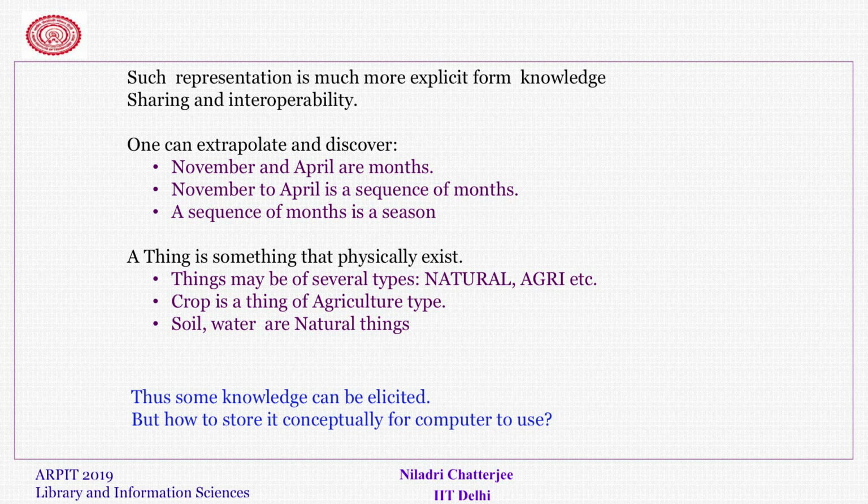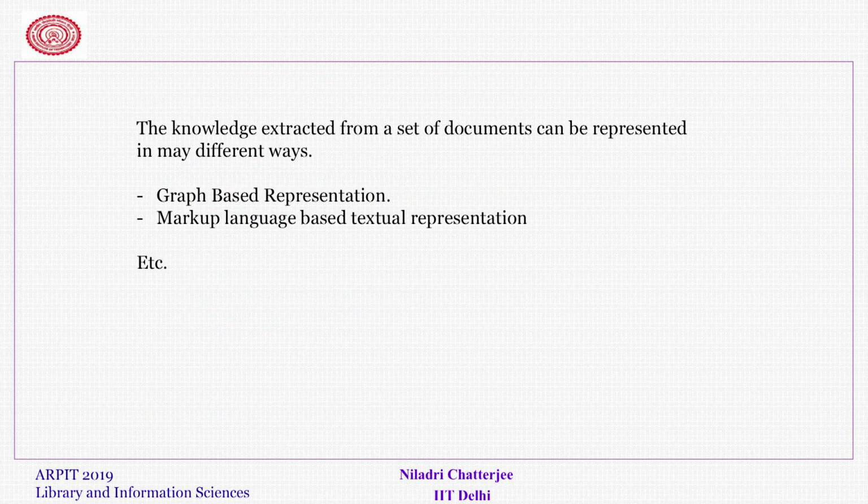Now, the question is how to store this knowledge conceptually, in what I was calling a semantic space. There are many techniques for that. For example, one is graph based representation.